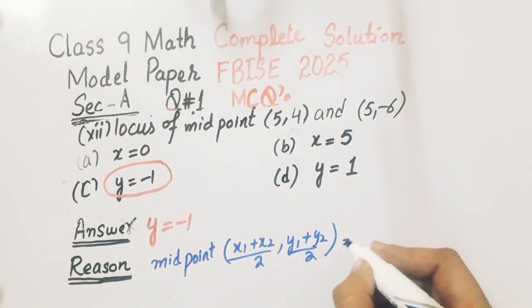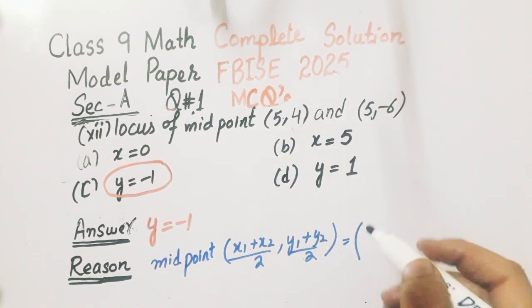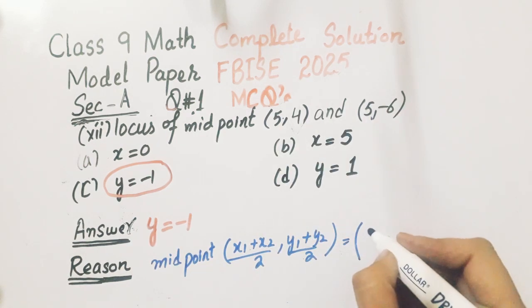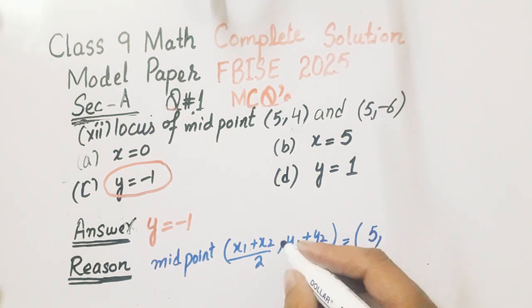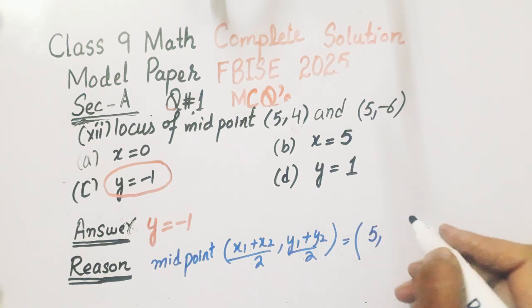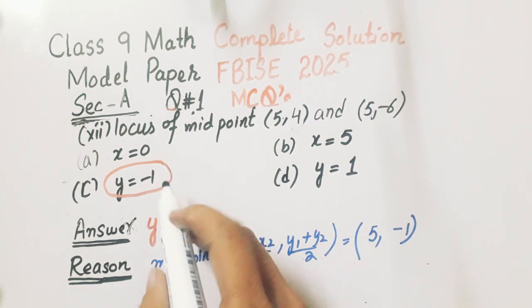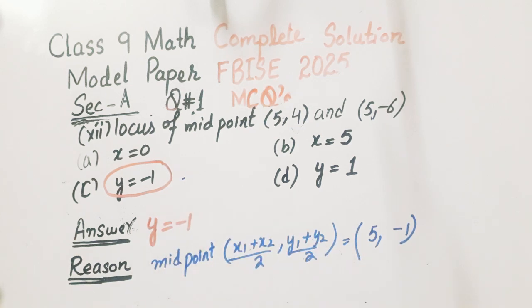So x1 is 5 and x2 is 5. So we have 5 plus 5, 10, and 10 divided by 2 will be 5. And y1 plus y2 means 4 minus 6. 4 minus 6 is minus 2, divided by 2 is minus 1. So we have y is equal to minus 1.